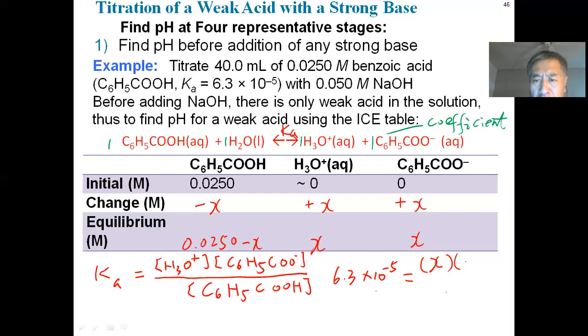The C6H5COO negative is also x. Then for our reactant, the benzoic acid, we have 0.0250 minus x. Next, we will solve this equation for x.